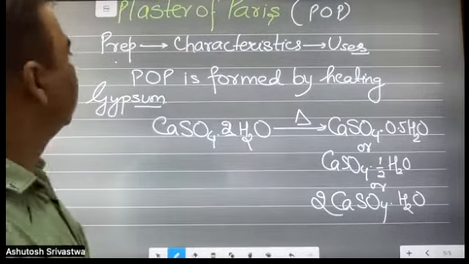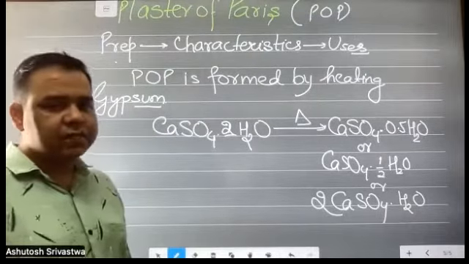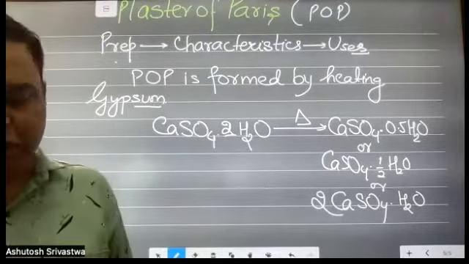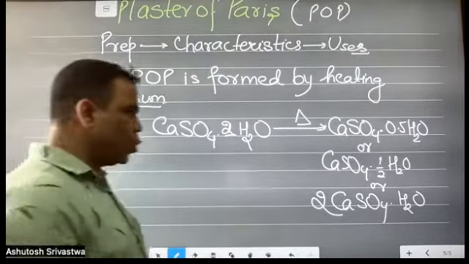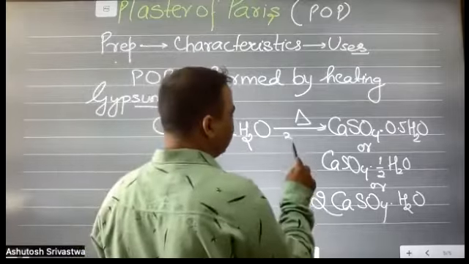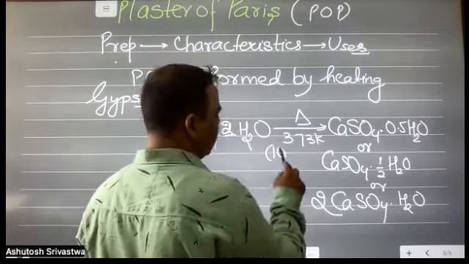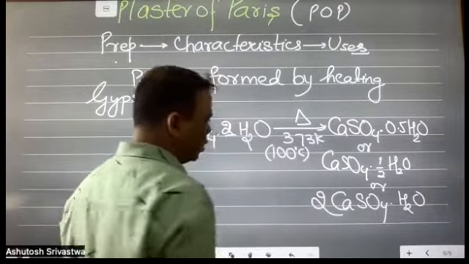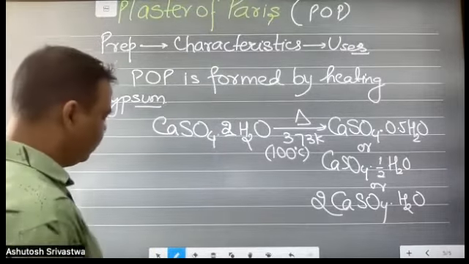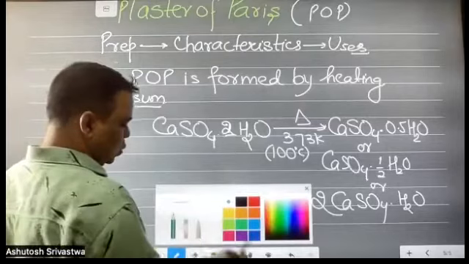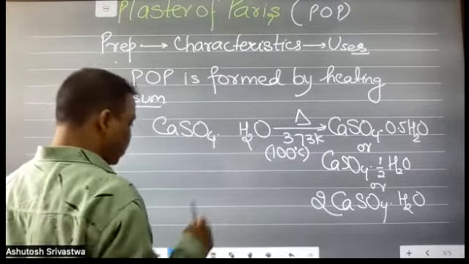It is basically a compound formed on heating calcium sulfate dihydrate, CaSO4·2H2O, which we normally know as gypsum. And at what temperature? The temperature is 373 Kelvin, which is 100 degrees centigrade. So on heating this substance, we will get POP.